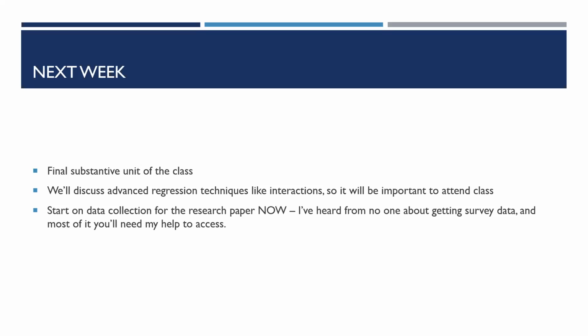I can do that very quickly because I have the data, and give you an Excel sheet that just has the variables you're interested in, but you cannot wait until the last minute to ask me for this stuff because it's going to take time for me to help you out on your own project. So start looking through the questionnaires and the codebooks now, identify questions from any survey that you can't download the data for on your own, set up a meeting with me, and I will get you said data.